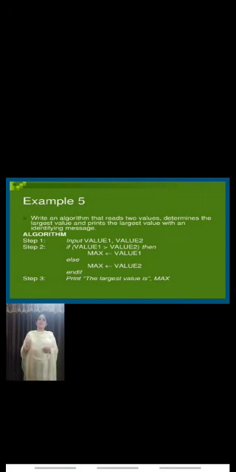If value 1 is greater than value 2, then maximum is value 1, else maximum is value 2. Then print the largest is maximum. In this, we compare both the values and check that if value 1 is greater, then print maximum equals to value 1. If value 2 is greater, then maximum equals to value 2.